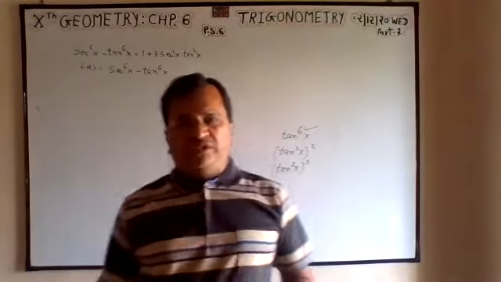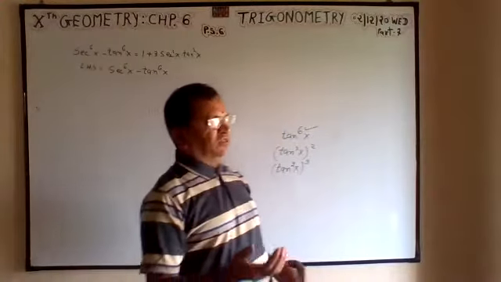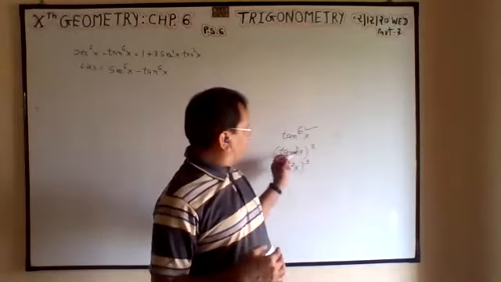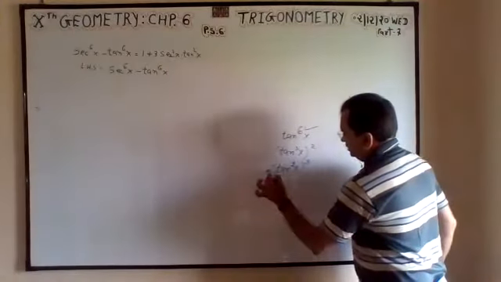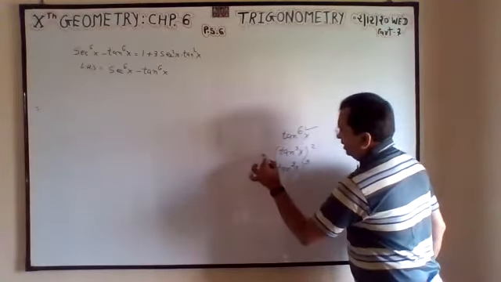I have two choices to convert the 6 power into square form and cube form. I will select this. I can't select this.